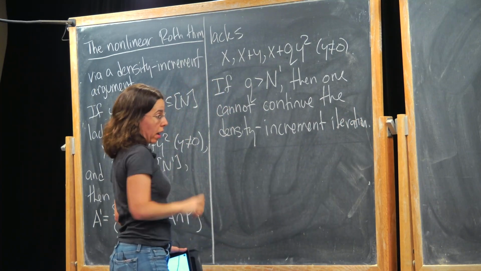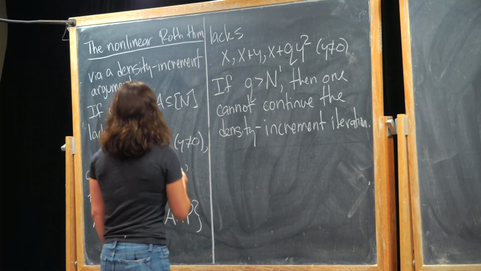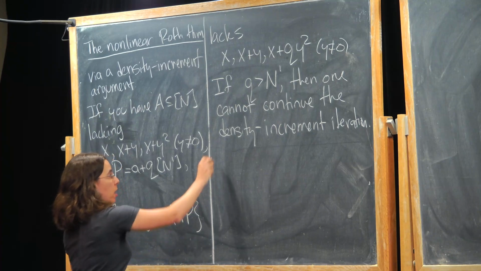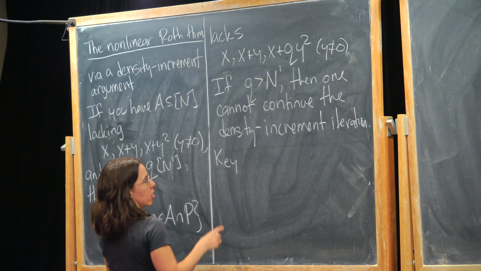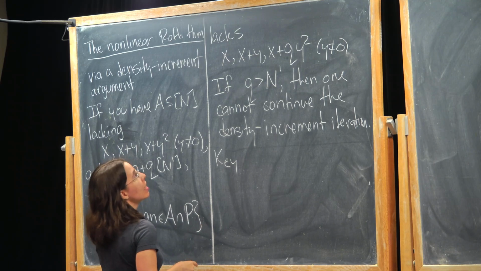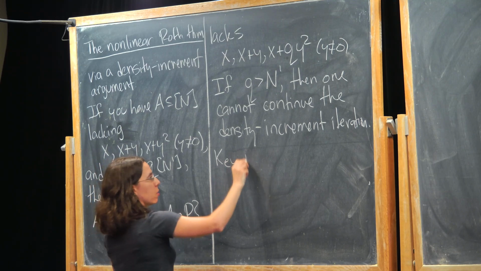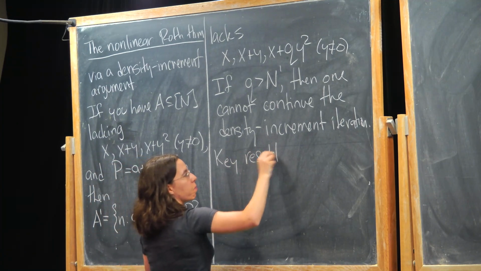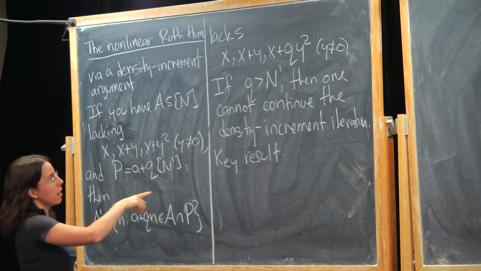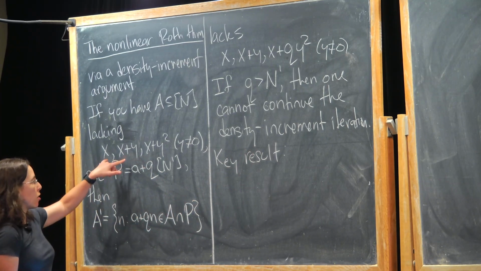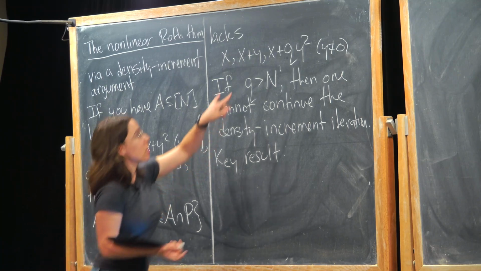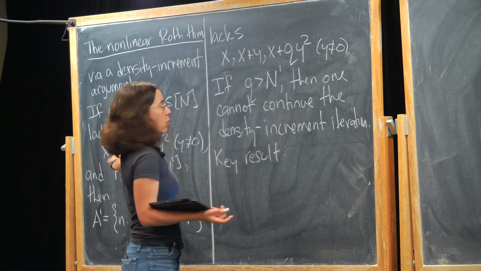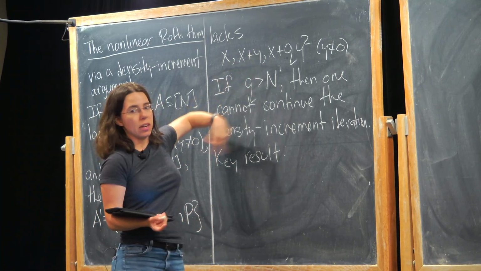Okay, and so then the key thing that Sean and I were able to do, the key result, is that we were able to obtain a density increment on a long arithmetic progression where q is actually bounded. And then this configuration is similar enough to the original nonlinear Roth configuration that one can iterate the argument.